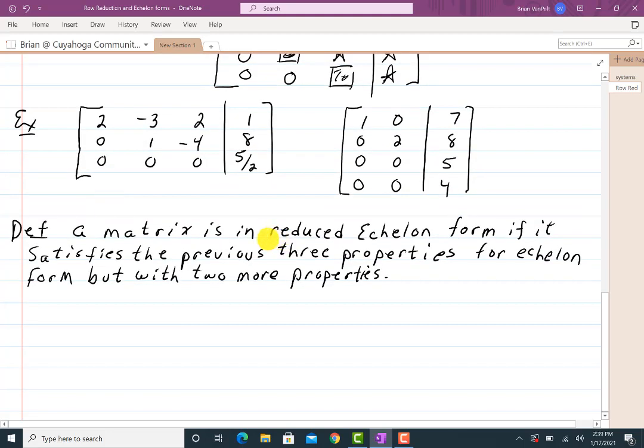So let's go ahead and underline the keyword reduced echelon form. And the 3 above, we're going to add these 2 to get reduced echelon form.